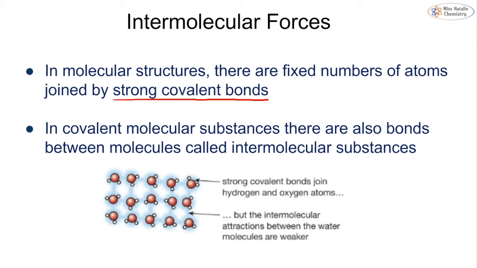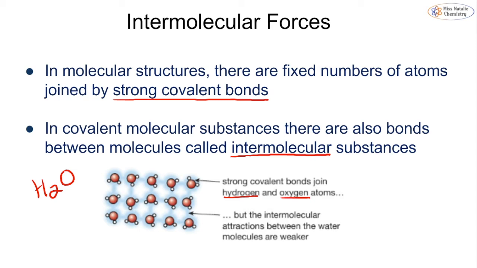Now, when we're taking into account the different properties, we're not actually going to be talking too much about the covalent bonds themselves. We're going to be focusing more on something known as the intermolecular forces. And that simply means the forces in between the different molecules. So for example, in our diagram here, these are all water molecules. So we have our strong covalent bonds that join together our hydrogen and our oxygens.